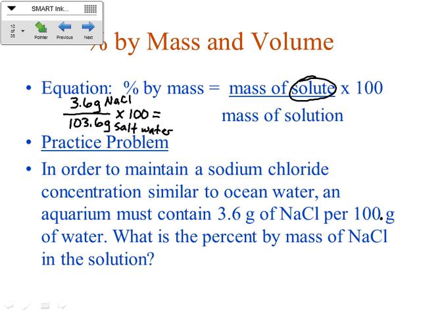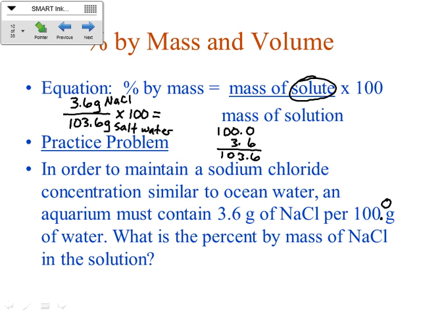I need this to be 100.0 for this to work, because then when you add the 100.0 to the 3.6, it's 103.6, and you can use that number down here. Otherwise, you'd have to round this to 104. But we'll say it's 100.0 grams.